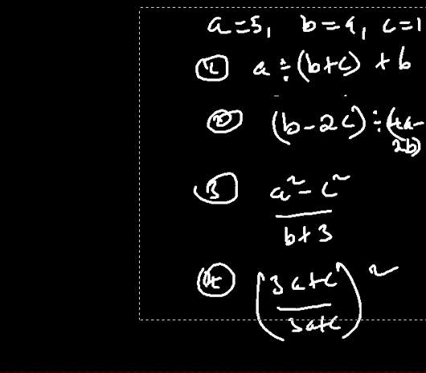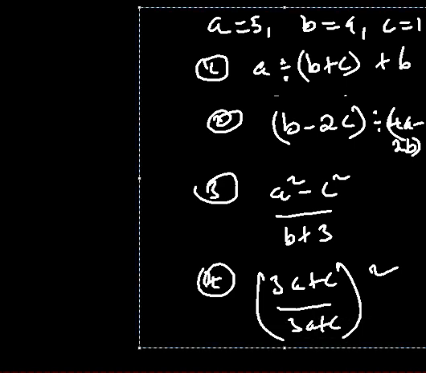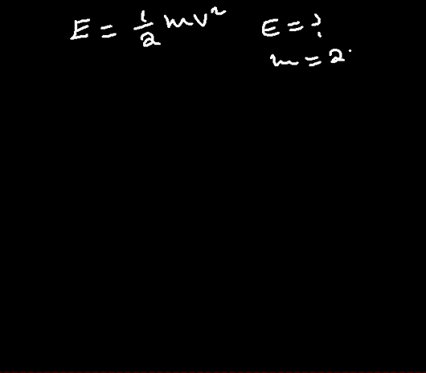And also try the following. Let's say we have the equation E is equal to a half mv square. Now we should find the value of E if m is given as 27, and v is given as half. So how should you find the value of E in that way?